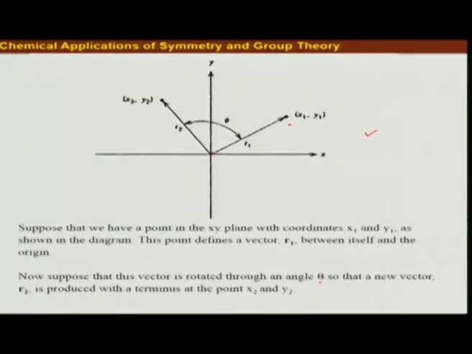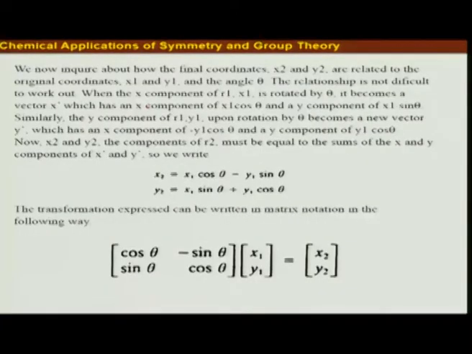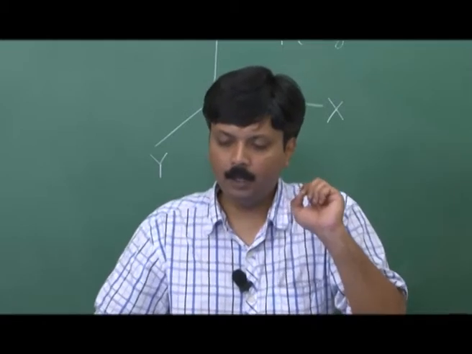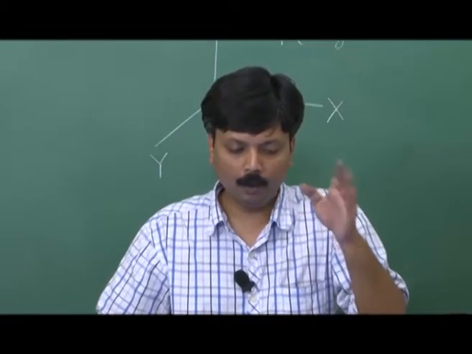So we get a new vector, the corresponding radial vector is r2, and the new points are x2, y2. With that setup, we will inquire how the final coordinates x2 and y2 are related to the original coordinates x1 and y1, and also the angle theta.